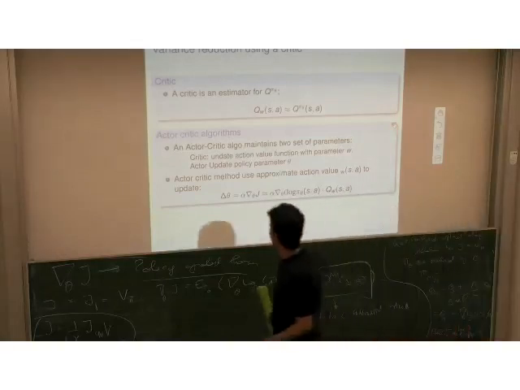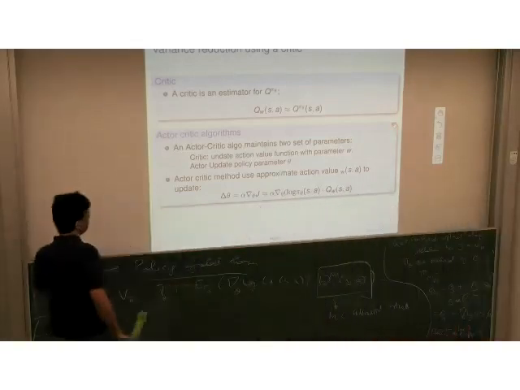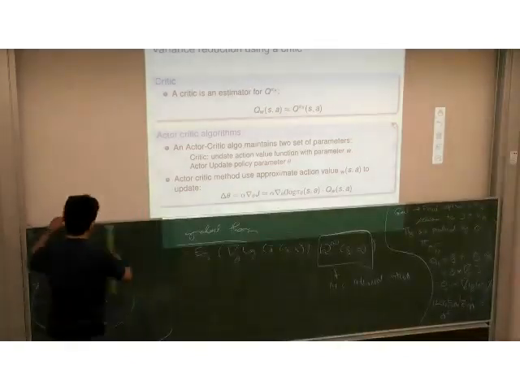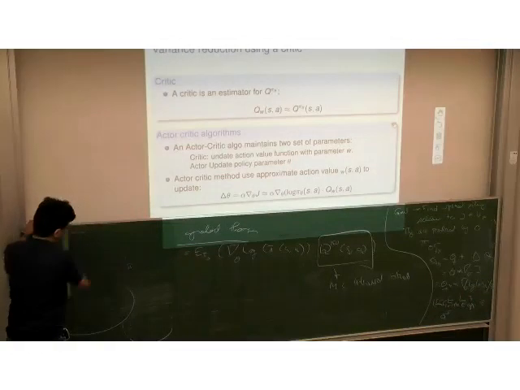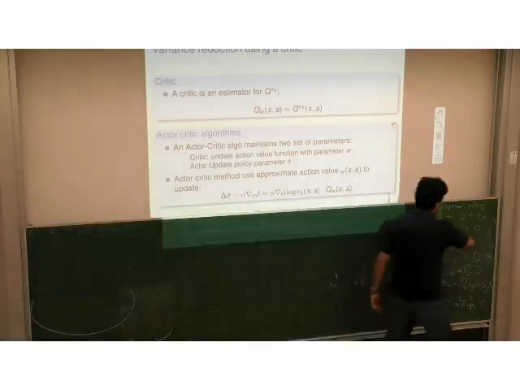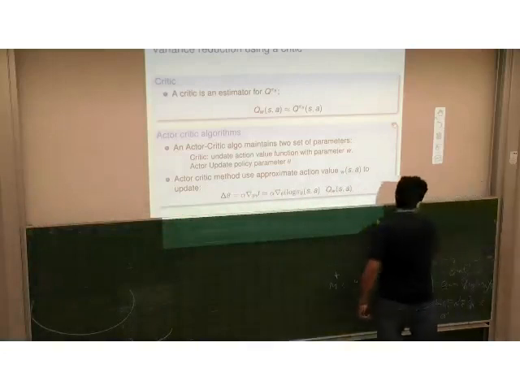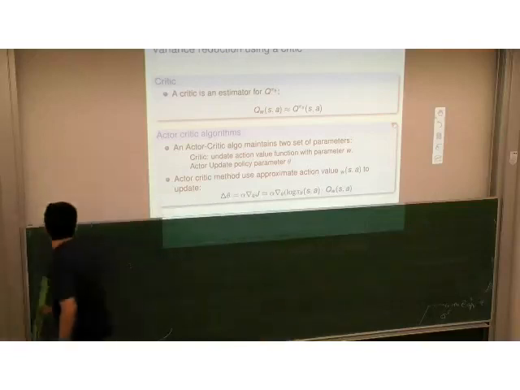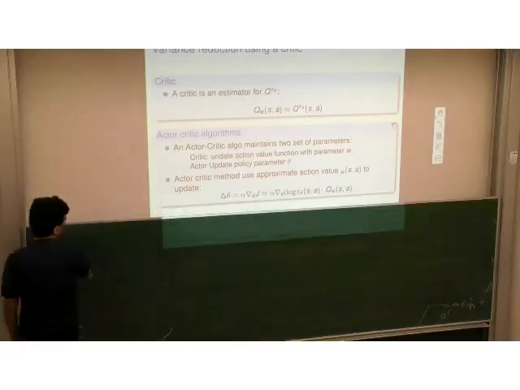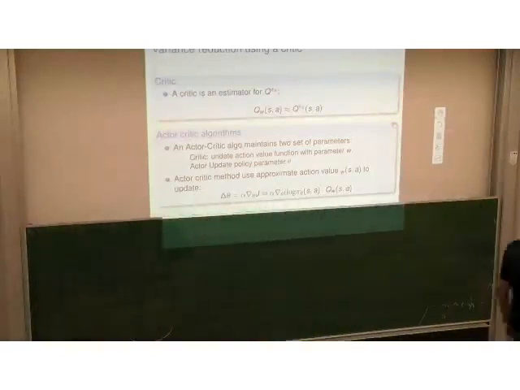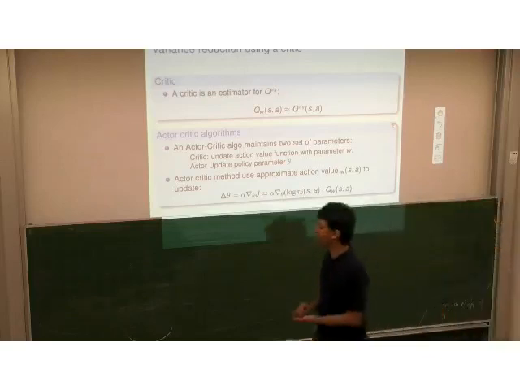There are two main ideas in reducing the variance, and that's what I will cover today. The first idea is the actor-critic set of algorithms, and the second is baseline reduction. Baseline reduction is a very classical, old-fashioned way of reducing variance. There's nothing about it that applies only to policy problems. It is a standard statistical tool to reduce variance.